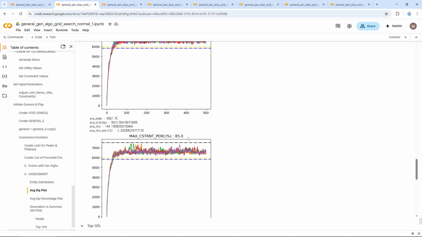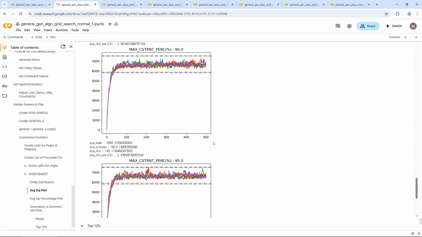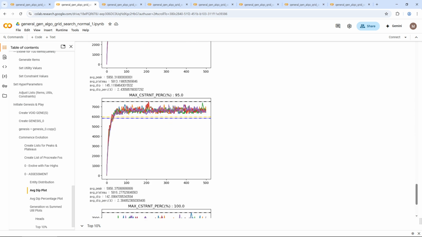Yeah, when do we reach the maximum ever? Maybe at 95. Here we go. We did reach the maximum ever, but we'll see what happened at maximum constraint percentage 95 for the top 10%.